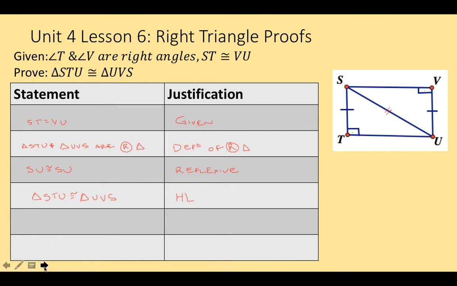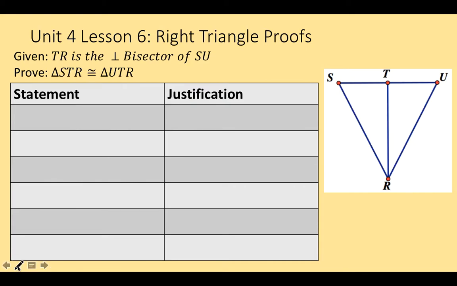All right, well, that wasn't so bad. Let's try another version. We've got that TR is the perpendicular bisector of SU. That actually tells us a lot.